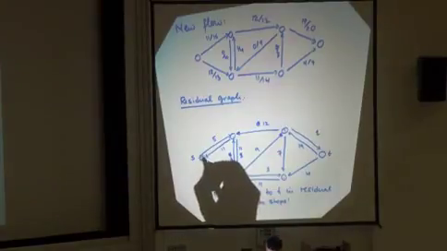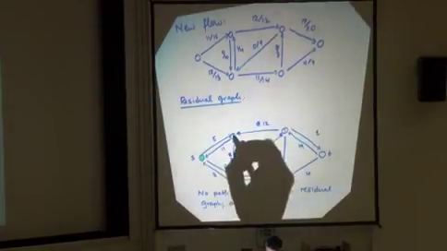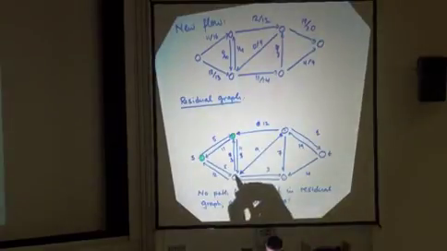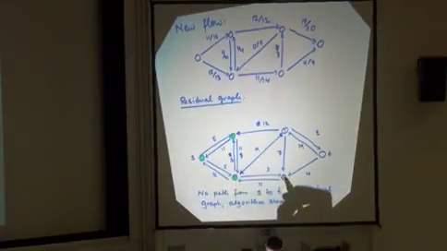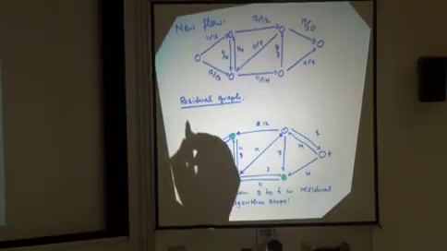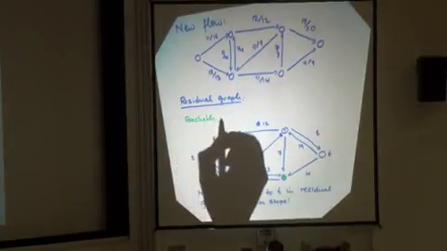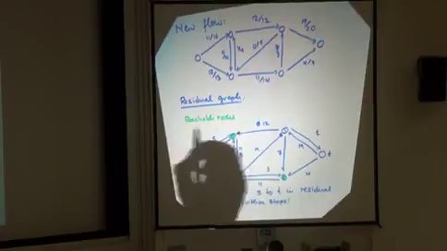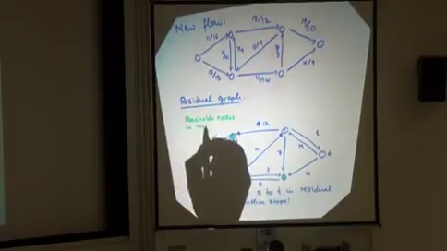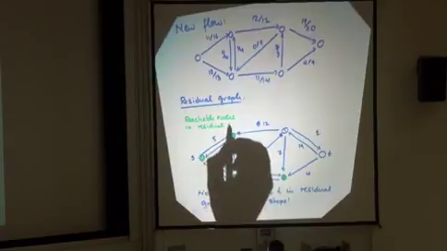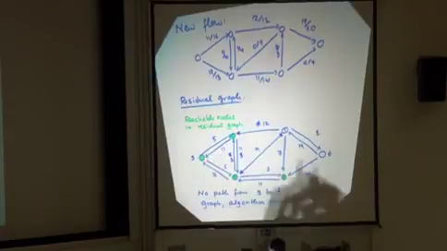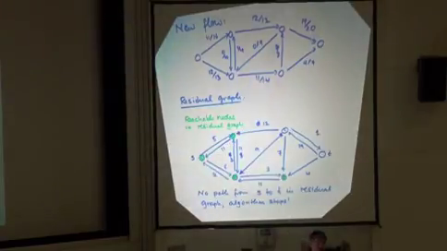There is S itself. This guy is reachable. This guy is reachable. And this guy is reachable. All the other nodes are not reachable.